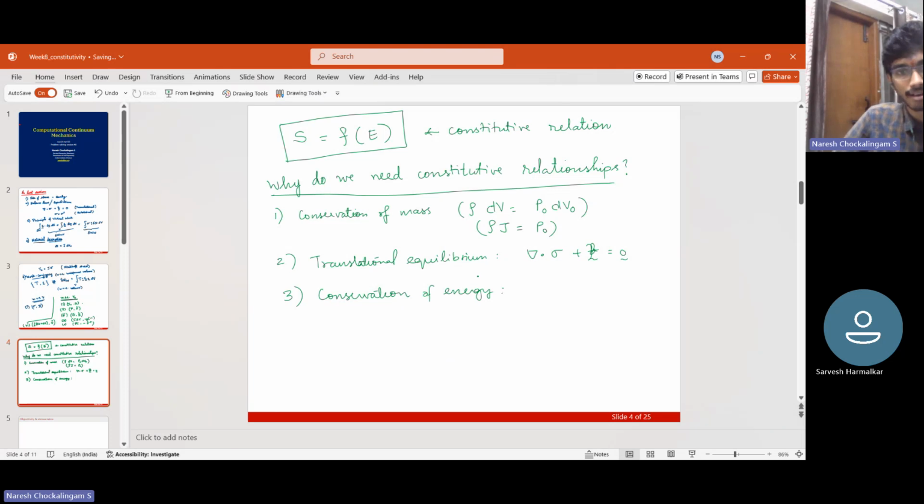Then angular momentum, or rotational equilibrium, which says sigma is equal to sigma transpose. And finally, we have the second law, which is an inequality. We'll also see what it is.